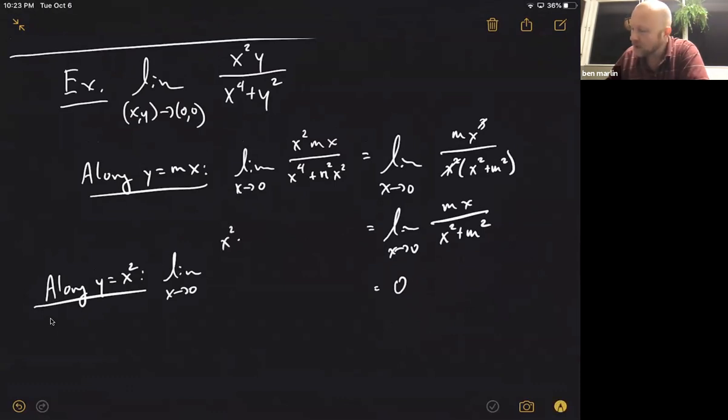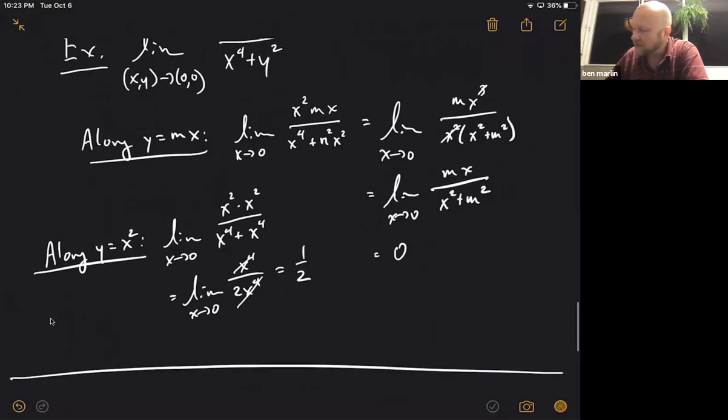I'll have x squared times x squared over x to the 4th plus y squared, so that's x squared squared, so that's x to the 4th. And that's the limit as x goes to 0, x to the fourth over 2x to the fourth. The x to the fourths cancel, and you end up getting a 1/2.